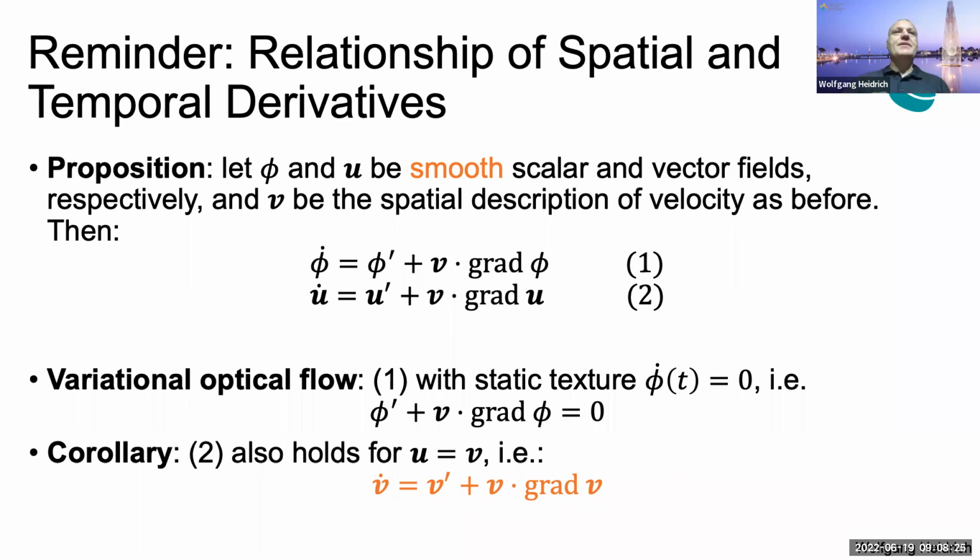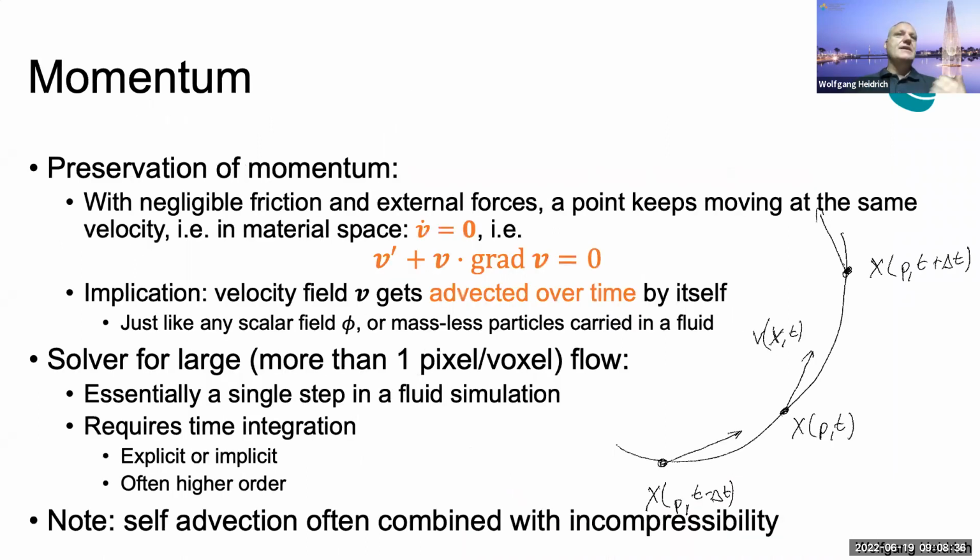And now, if we think back to physics, what kind of conservation laws do we have in mechanics? Well, one of them is conservation of momentum. Momentum means that basically things tend to keep going in the same direction that they were going in before, at least in the absence of external forces such as friction.